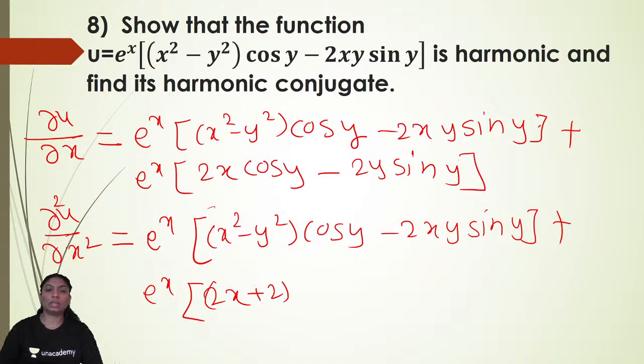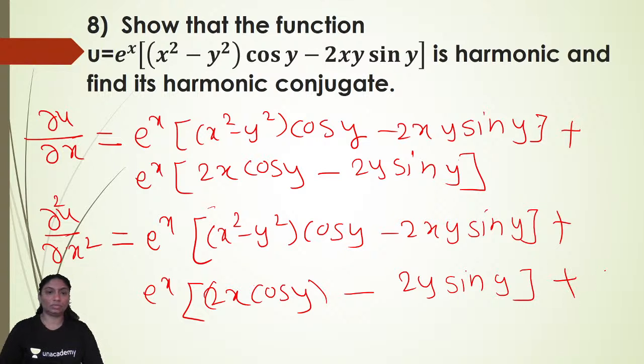first, keep derivative of first into second plus second into derivative of first with respect to x, minus 2y sin y, plus this is like this.